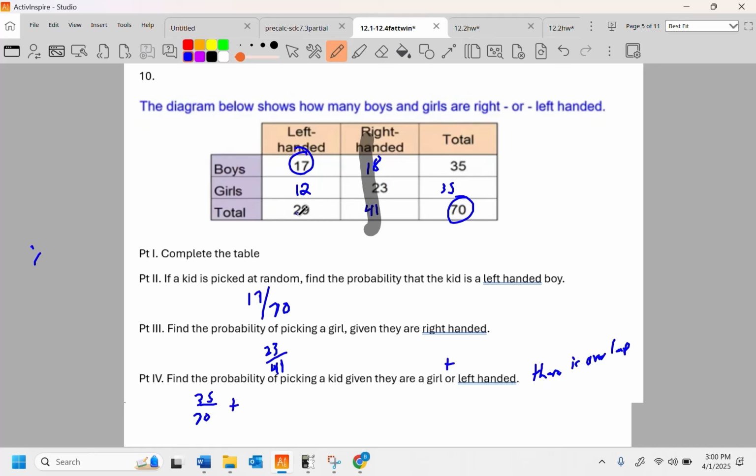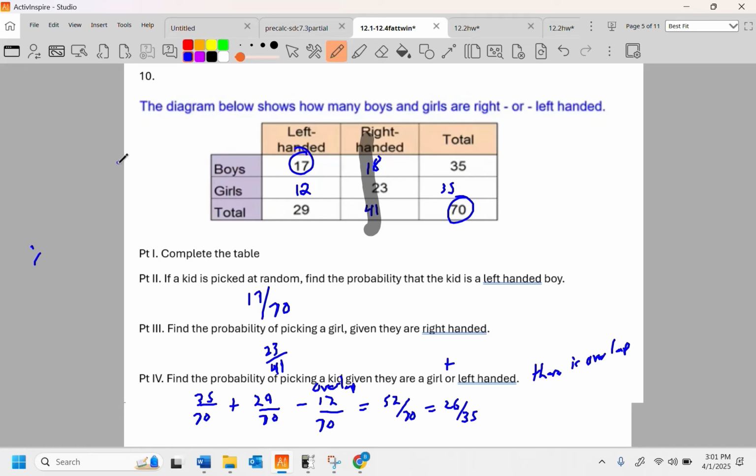Being left-handed is 29 in 70, but you have to take away the overlap. How many of these girls are also left-handed? There's 12 of them. You cannot count something twice. And anyways, we just do the math here. 29 minus 12 is 17. 17 plus 35 is what, 52? And we reduced fractions. I had a number of honors kids who were not reducing fractions. 26 over 35, assuming I did everything right.